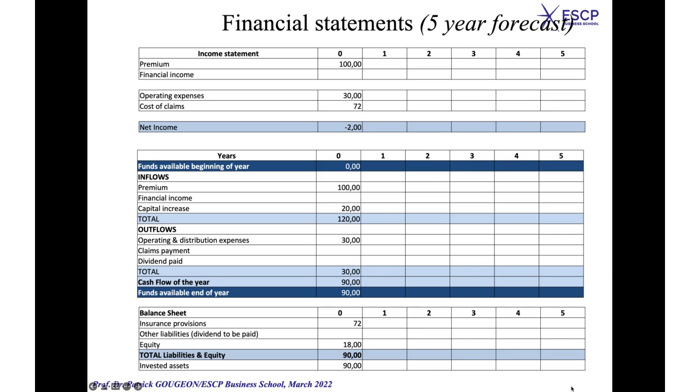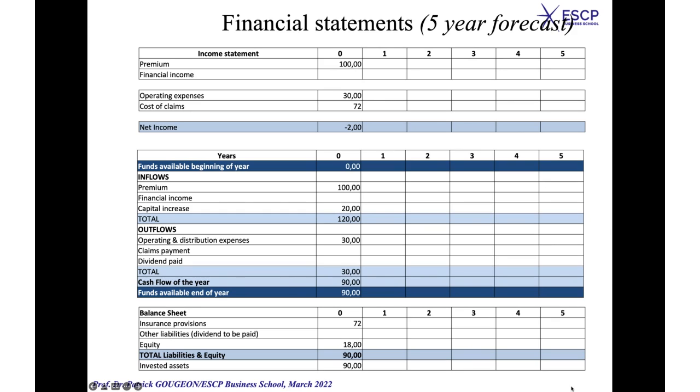In the income statement, we take it as a cost in year 0, because for the income statement, the question is not when you are going to pay, but what is the cost following the revenue you have collected, and the cost will be 72. So you have to register 72 in the income statement as soon as you start.